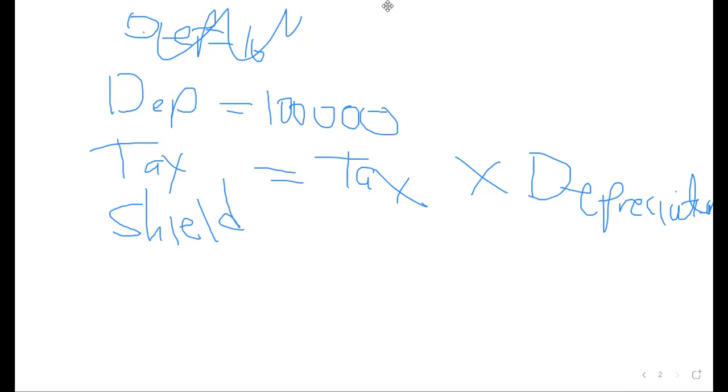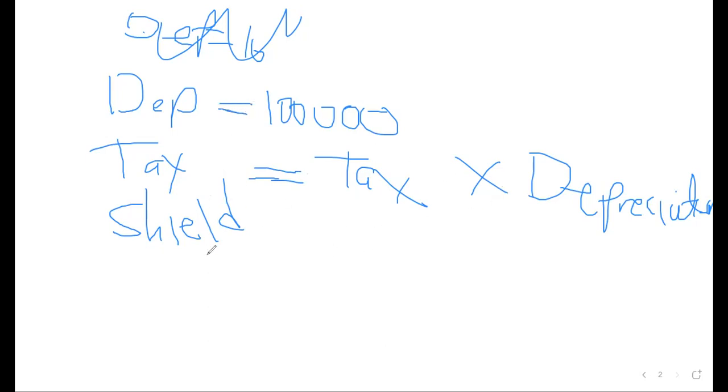By 16, so 16. I think people are getting it. So the tax shield is tax on depreciation. So it is tax multiplied by the depreciation.